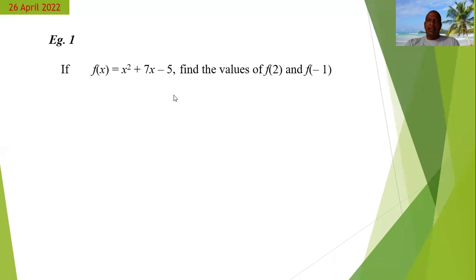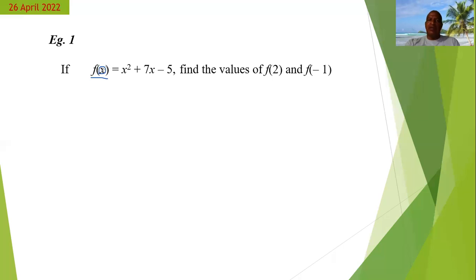Now, what that really means, if you look at how we define our function, is that on the left-hand side of the equation we have f of x. It means that inside the bracket here is an x value. Now, if you're given f of 2, it means that inside this bracket you're going to replace the x with 2.